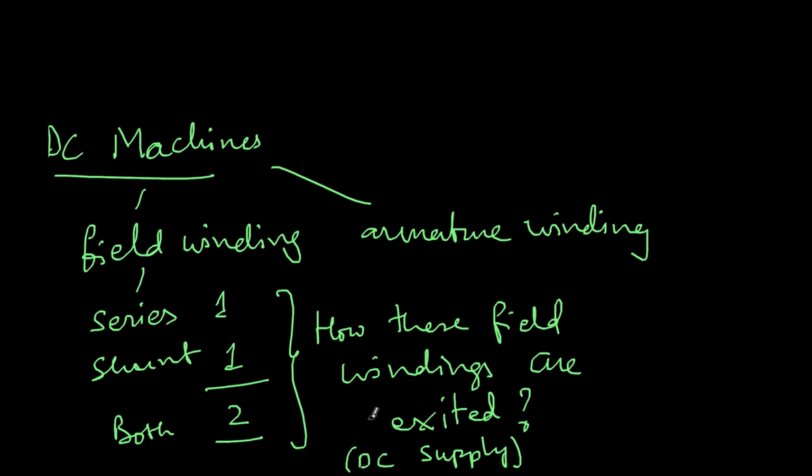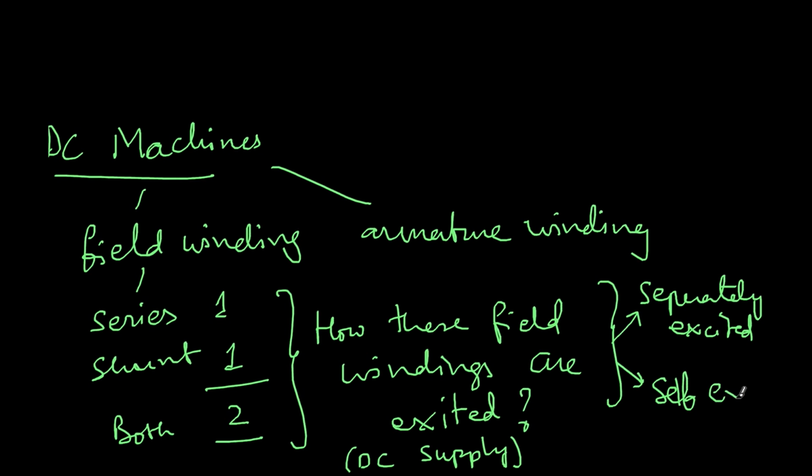Sometimes a separate DC supply is provided, and then we call it separately excited. Other times the DC supply is provided by the armature, and then it is self-excited. So this is the terminology. You look at the field winding, whether it is getting a separate supply or whether it is getting the supply from the armature.